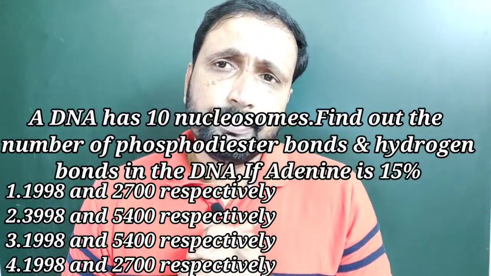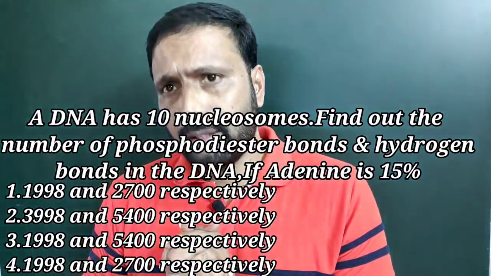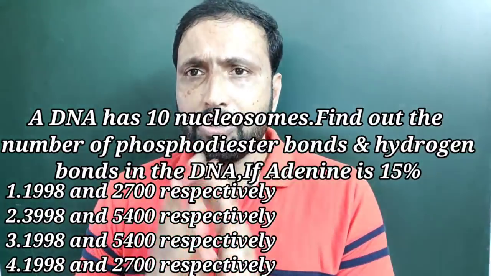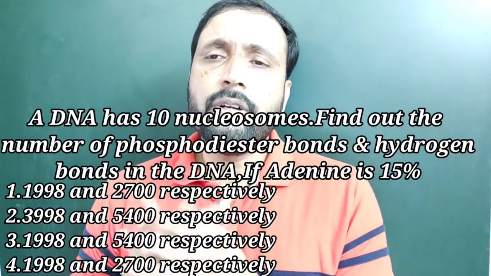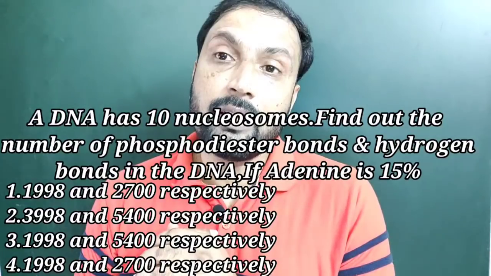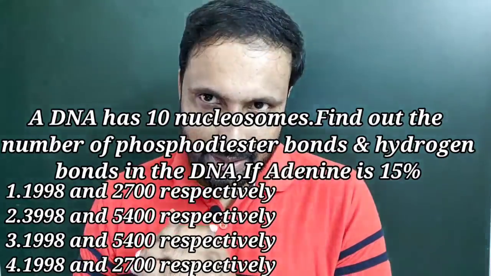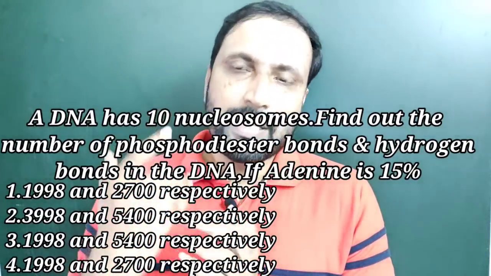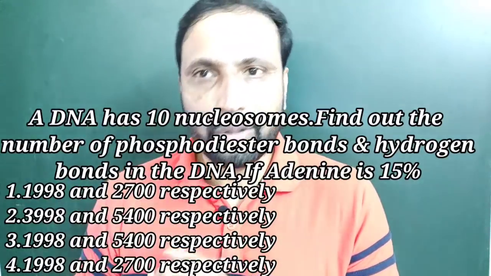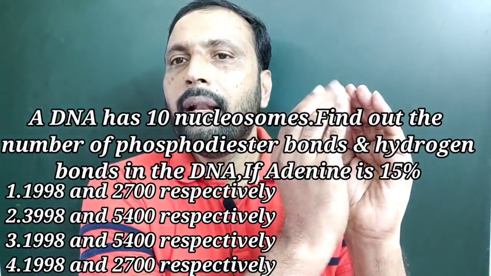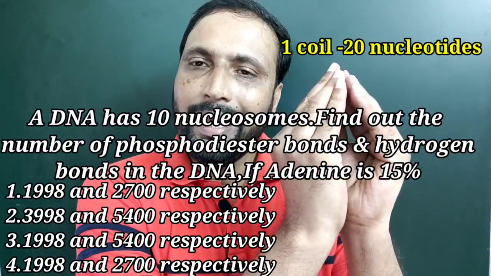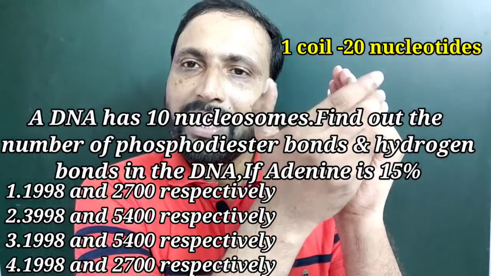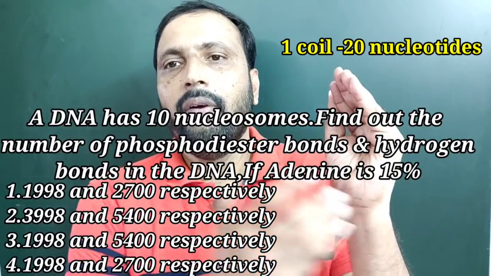When 4000 nucleotides are there, how many base pairs are there? 2000 base pairs, or 4000 nucleotides. In one coil, in one DNA helix, 20 nucleotides are present.